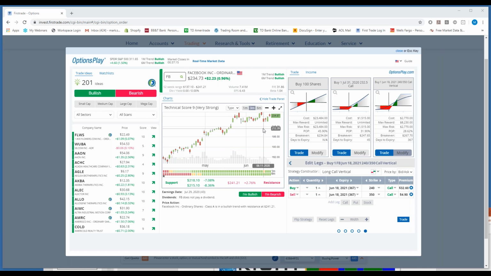It doesn't look at any of the fundamentals. So let's say that we know on Facebook that somebody just purchased $25 million worth of call options on Facebook. Well, that's not going to show up in that risk to reward box. It's not going to show up in any change in the technicals.